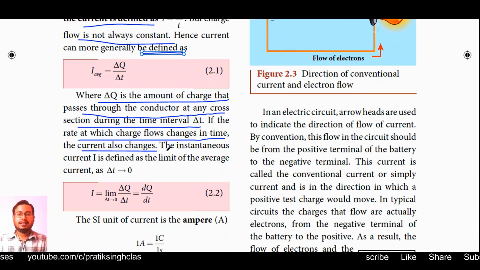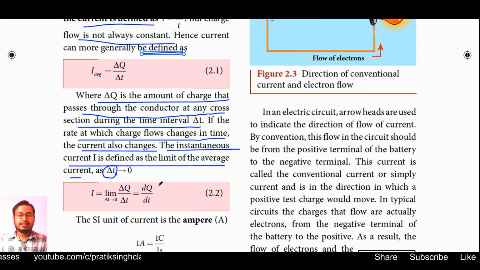Instantaneous current means the amount of current flowing in a conductor through a particular cross sectional area at any particular time. The instantaneous current I is defined as the limit of average current, meaning when we make delta t tend to 0, that is very small, then I is equal to limit del q by del t, where del t tends to 0, is equal to dq by dt.